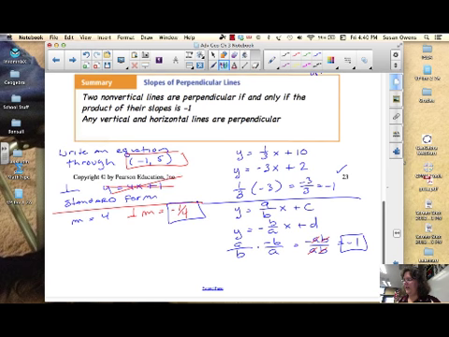Now I have my point and I have a slope. So my equation is y minus my y coordinate equals my slope times x minus my x coordinate, so y minus 5 equals -1/4 times (x plus 1). If I only had to write an equation, this would be done, but I want standard form. So what I would get rid of first is the 4 in the denominator, so I'm going to multiply both sides of this equation by 4.